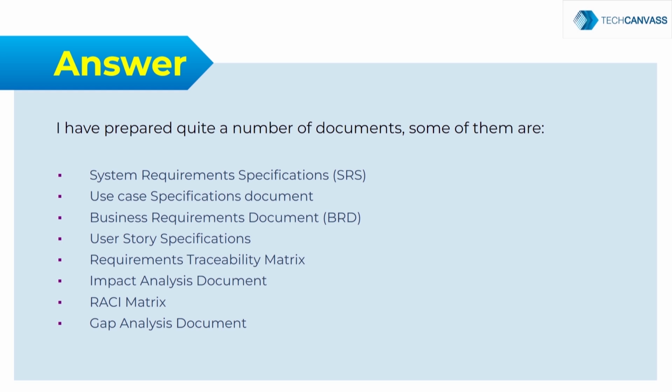Some commonly prepared documents are System Requirements Specification or SRS document, also known as FRS or FRD document, Use Case Specifications document, Requirements Traceability Matrix, Change Request documents, which include change request log and change request documentation, RACI matrix, gap analysis document, and stakeholder management plan. This is not a comprehensive list, but this is something which is very common.